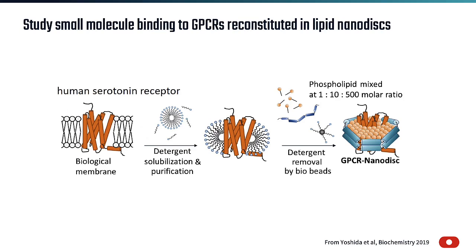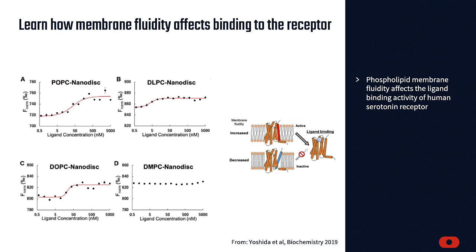Now, in this example, they purified a GPCR, one of the serotonin receptors, in detergent, and then reconstituted it into lipid nanodiscs of different lipid compositions. They then used the Monolith to measure the binding affinity of serotonin to the serotonin receptor in the different types of nanodiscs.